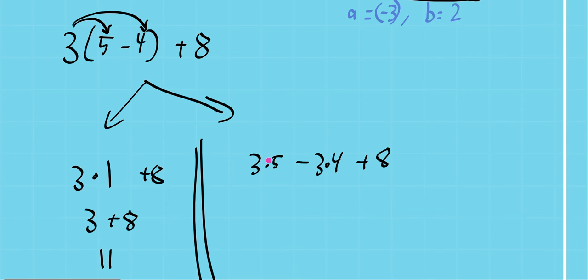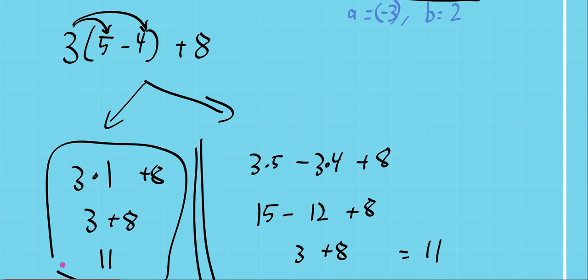We still have 3 times 5 is 15. And 3 times 4 is 12. 15 minus 12 should be 3. And 3 plus 8 is still 11. We get the same result.